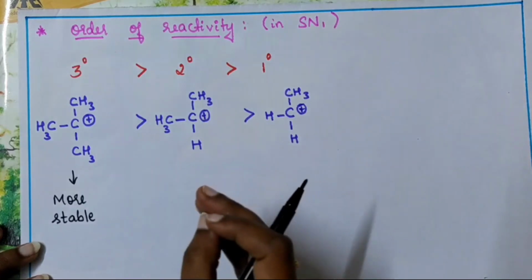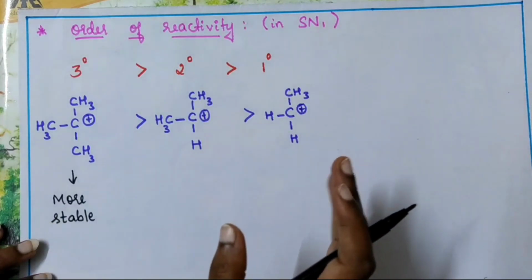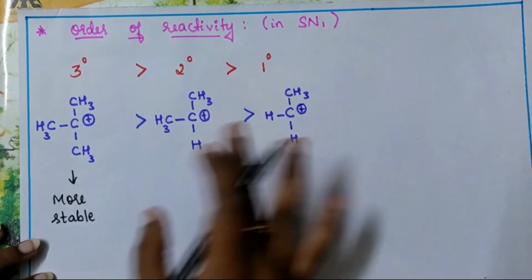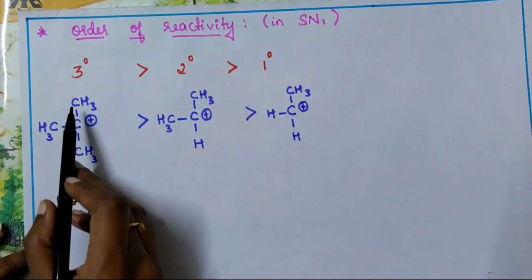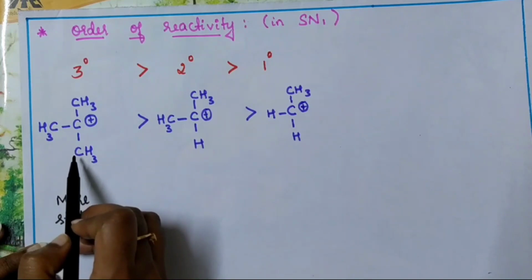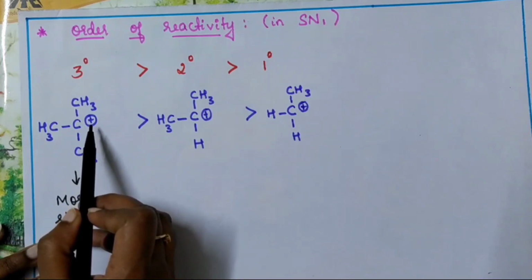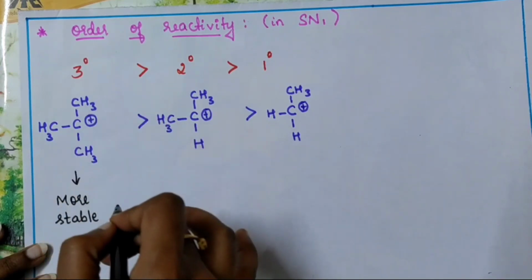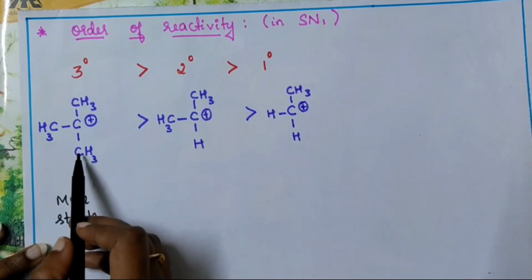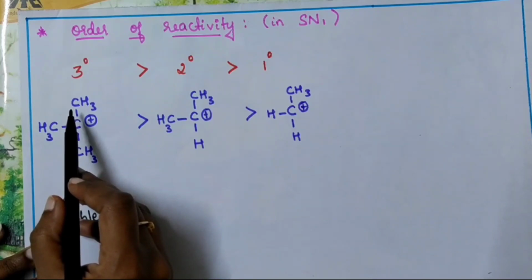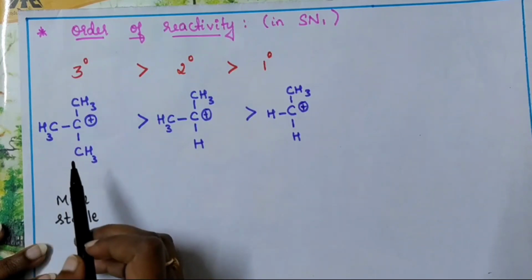For your reference, let me tell what tertiary, secondary and primary are. Just for revision, if a carbon contains 3 other carbon atoms and another bond with a halogen, when that bond breaks it gets a positive charge, which is the carbocation. Since it has 3 other carbon bonds along with this carbon, it is tertiary.